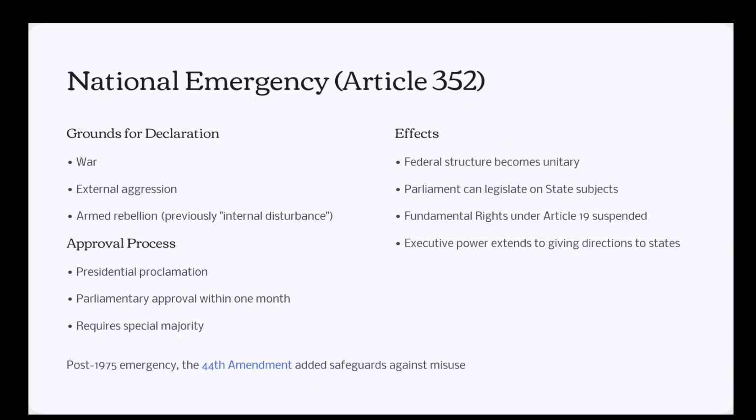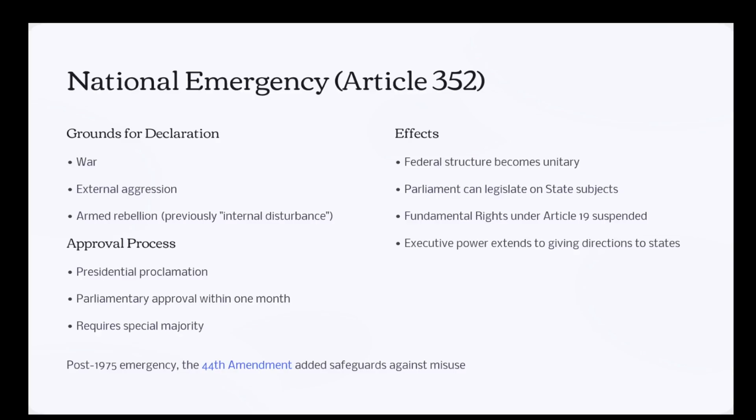So let us discuss the national emergency. Article 352, grounds for declaration: a war-like situation, external aggression, armed rebellion; previously, internal disturbance was also included. Then the approval process: presidential proclamation, parliamentary approval within 1 month, requires special majority. What are the effects of this national emergency?